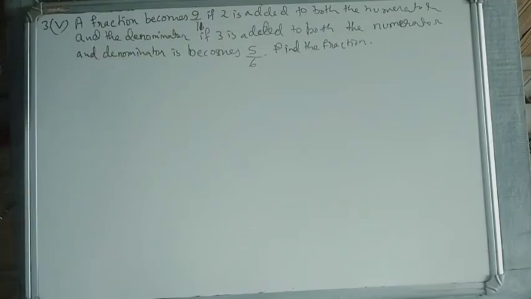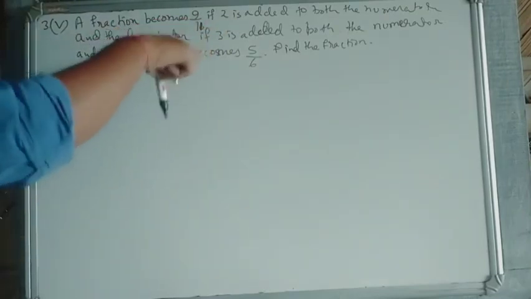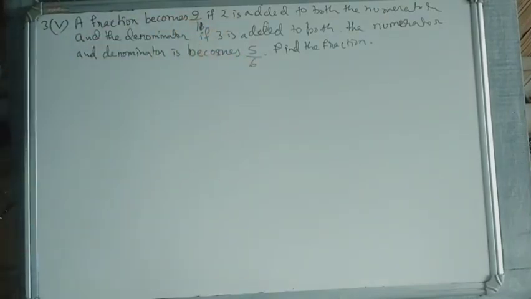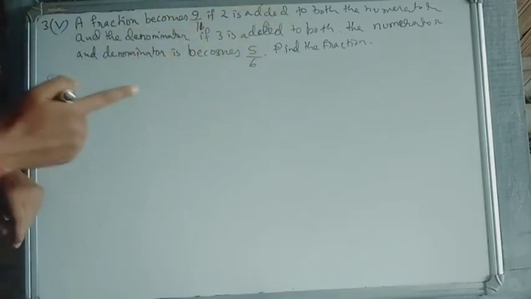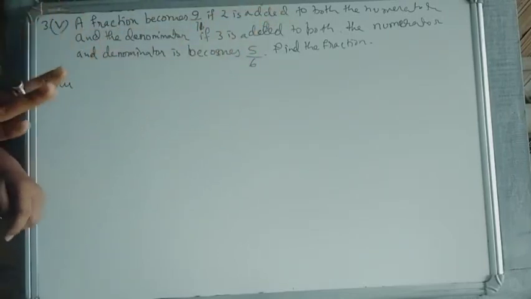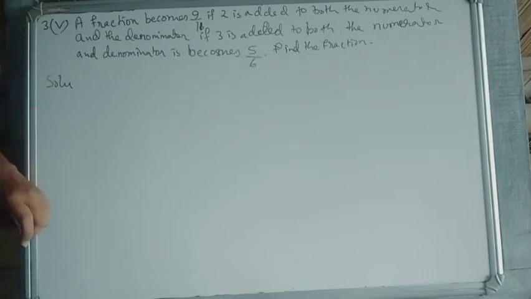2 is added to both the numerator and denominator. So find the fraction. No, we do not have the fraction. Now solution: in a fraction we will take the numerator part and the denominator part as variables, is it not?